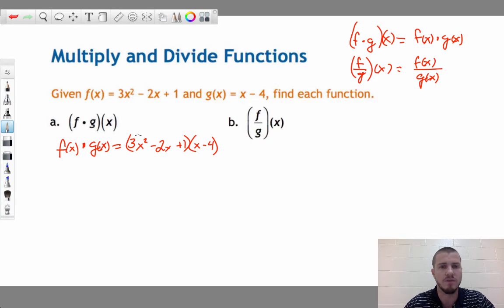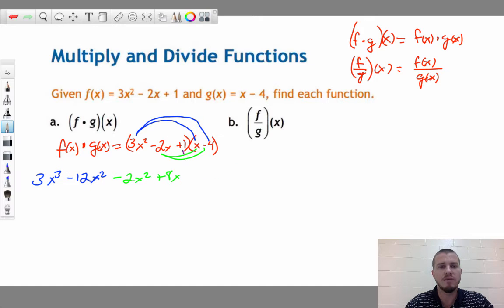And so when I distribute, let me distribute the 3x squared. That's going to become 3x to the third minus 12x squared when I multiply it with the negative 4. And then I'm going to distribute the negative 2x, and that's going to become negative 2x squared, positive 8x.